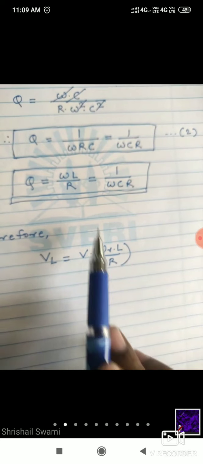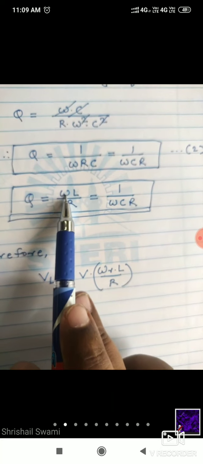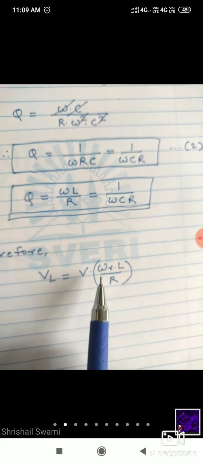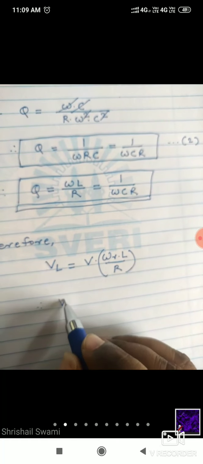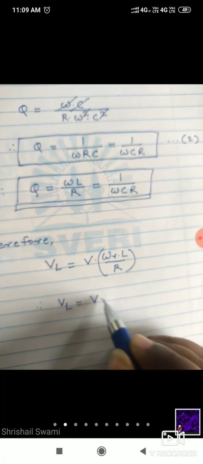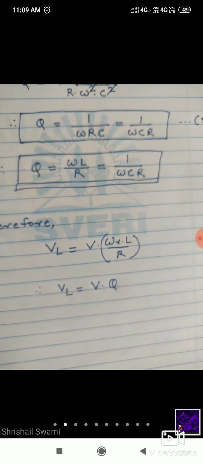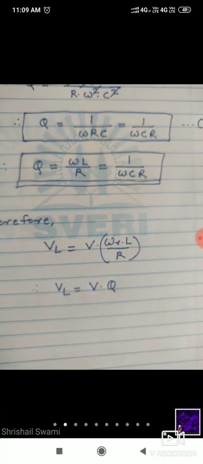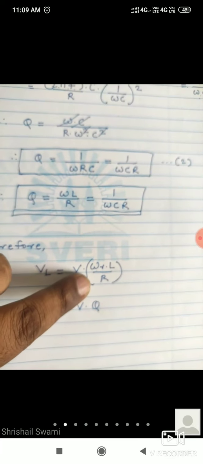If this equation is compared with that equation, what you can see is just the name of omega has changed. This omega is general, and this one is related to resonant frequency. So can I write VL is equal to V into Q? Is it correct?